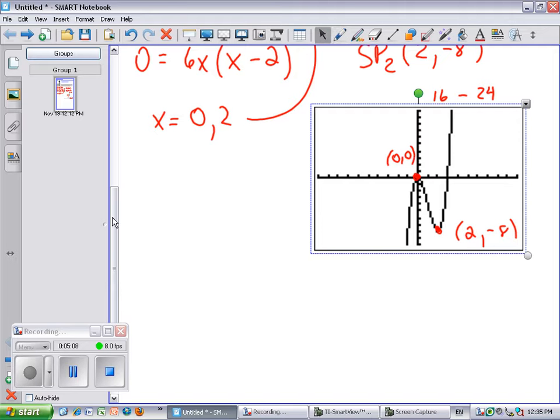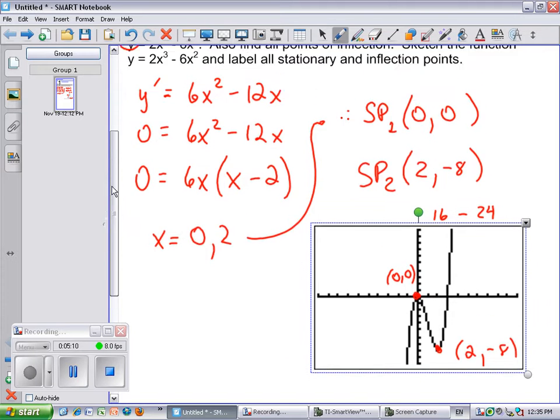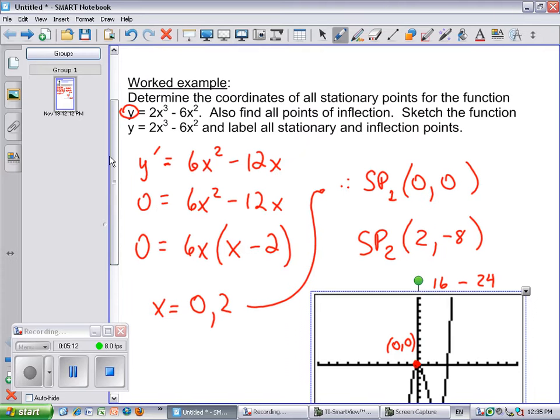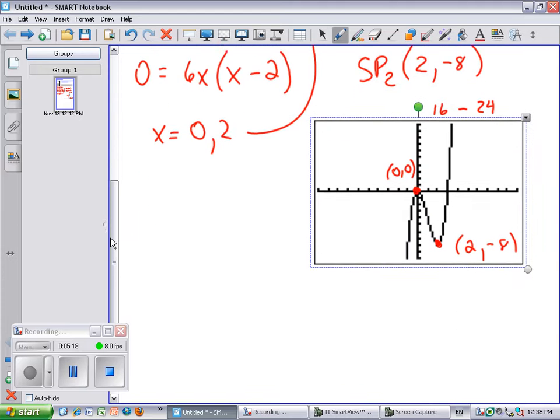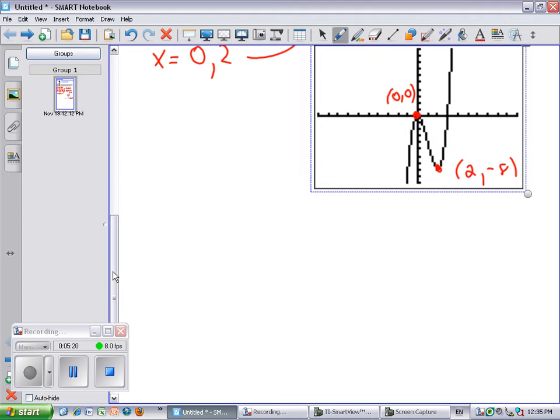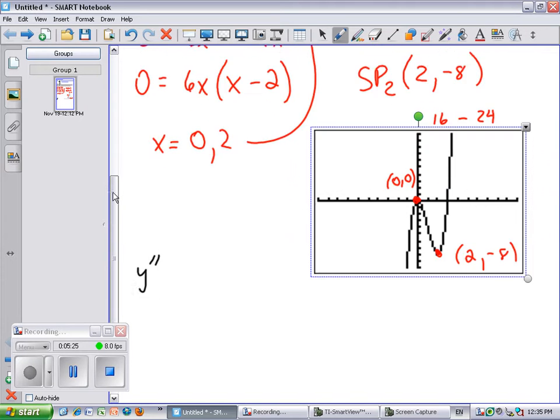As the question said, we need to establish that these are indeed maxes and mins. So therefore, we'll have to use the second derivative test. The second derivative, which is the derivative of the derivative, would be 12x minus 12.